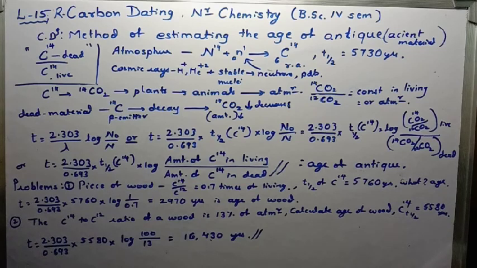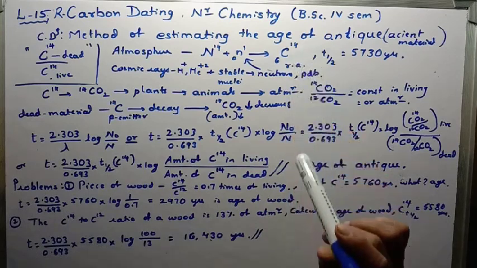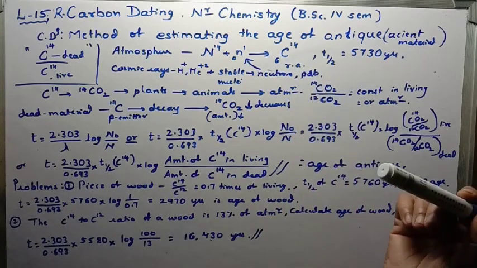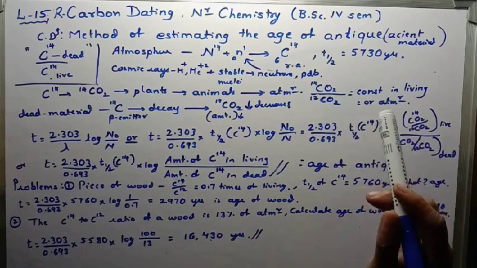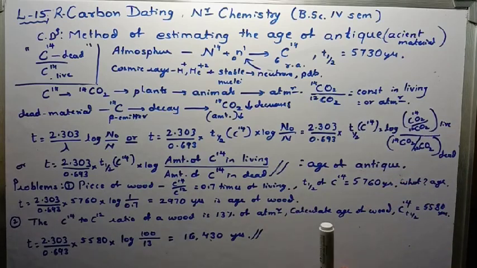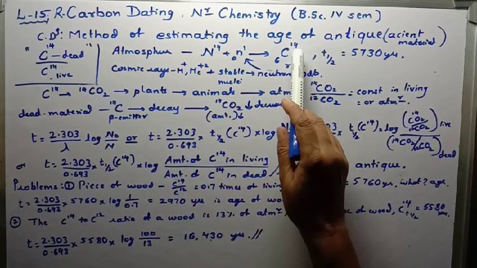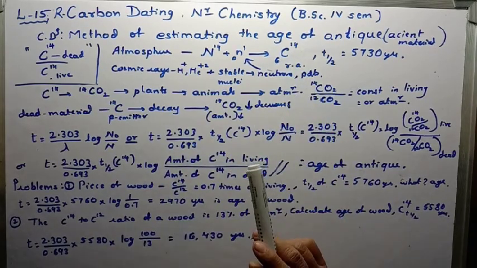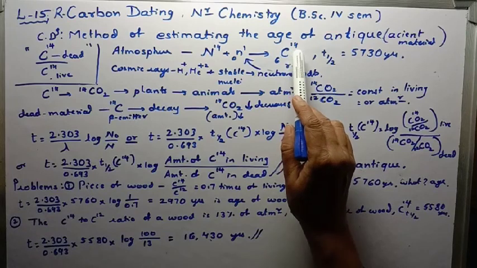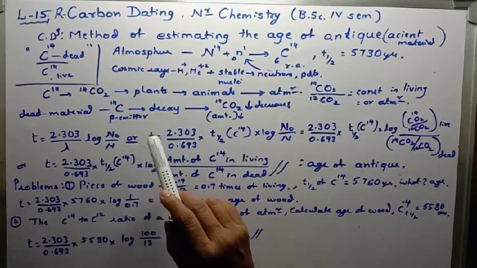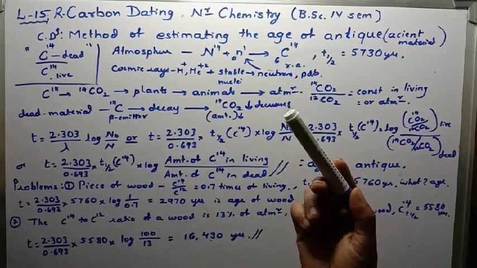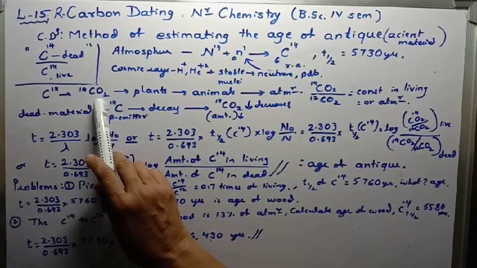Now, as you are well familiar, C12 is very abundant in the atmosphere, above 99%, and C14 is present in a tracer amount. That C14 in the atmosphere undergoes oxidation to produce carbon dioxide.